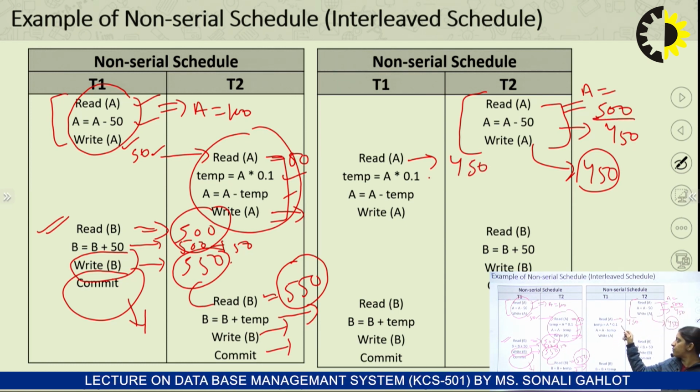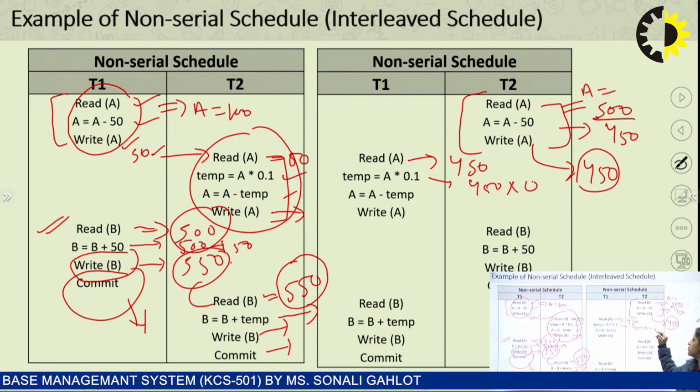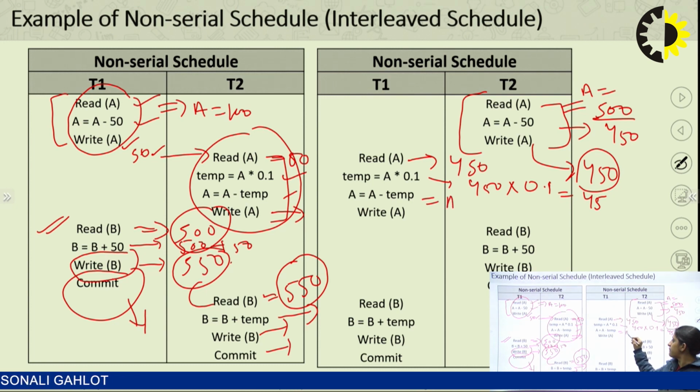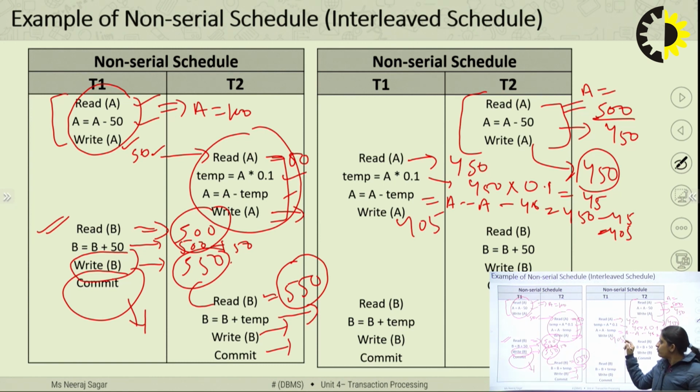Now it performs this operation, 450 multiplied by 0.1, that is 45, and then A equals A minus 10 percent, that is 450 minus 45, that is 405. Here write A is 405. Now the value of A is 405 after performing these two operations.